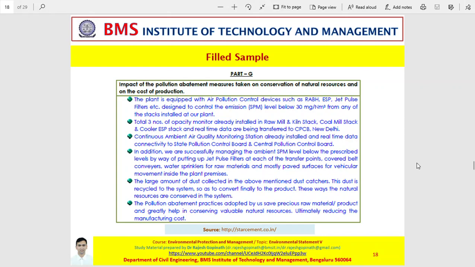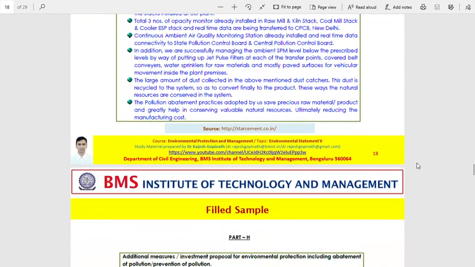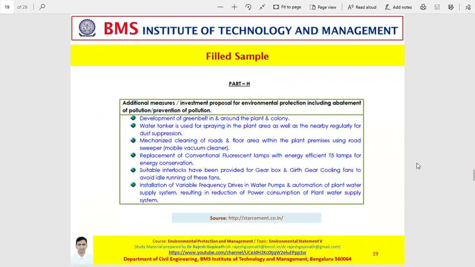Let's move on to part H, slide 19. So this basically speaks about all the additional measures or the investment proposals which are in place, which have been incorporated or incepted by the industry, again towards protecting the environment and cutting down pollution. Now, in this particular slide, the industry has spoken about developing a green belt.